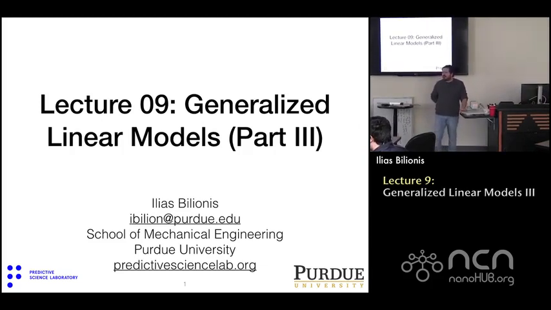Originally, I wasn't planning on doing that, but I thought I had a little bit of time, so I added it in there. You'll see what I mean later on. And then we'll talk about the evidence approximation.